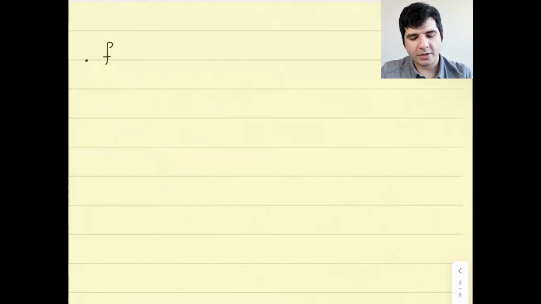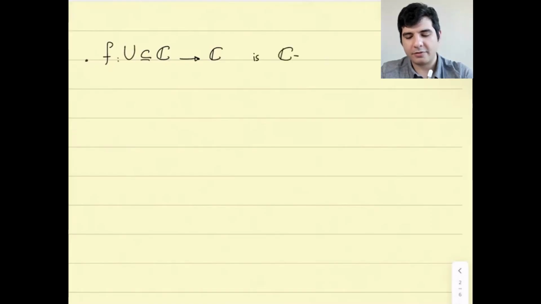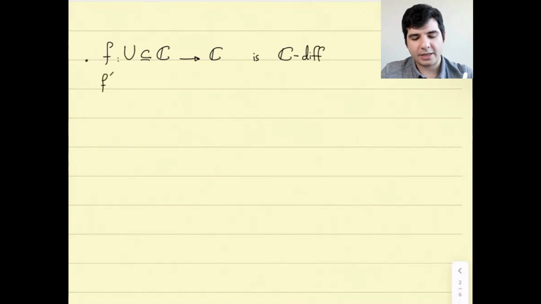We discussed when a function f from C to C, or a function f whose domain is an open subset of C, is complex differentiable. We say it's complex differentiable at a point z if this limit exists.